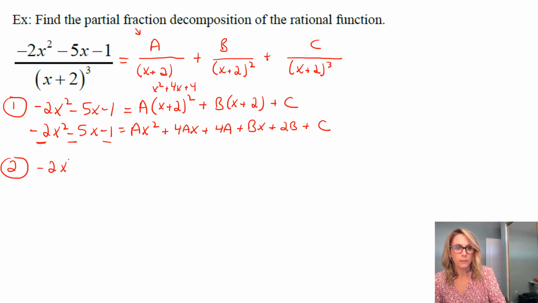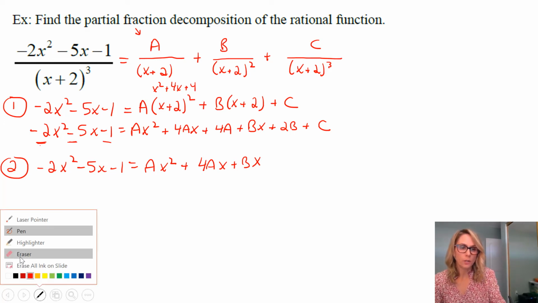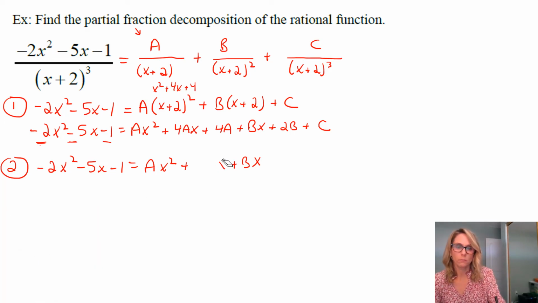So when I write this, I only have ax squared. That's great. That's really helpful. But I have 4ax. I also have bx. Now, just in order to save space here, I'll actually combine those and also factor out my x.